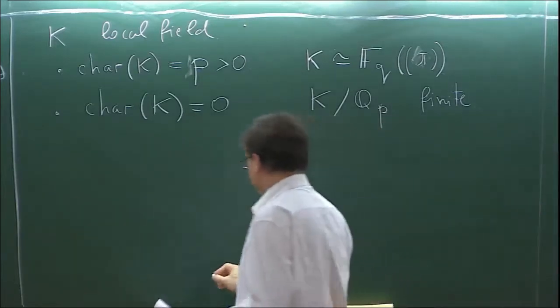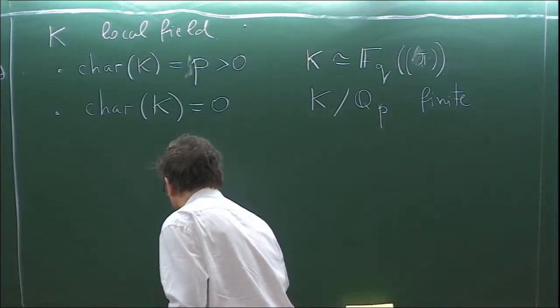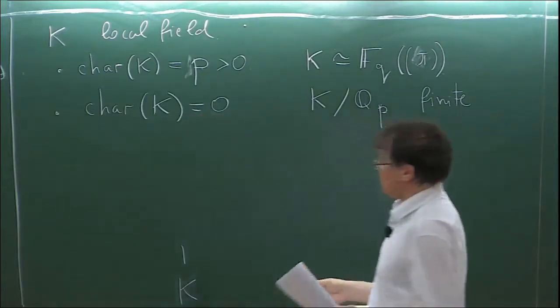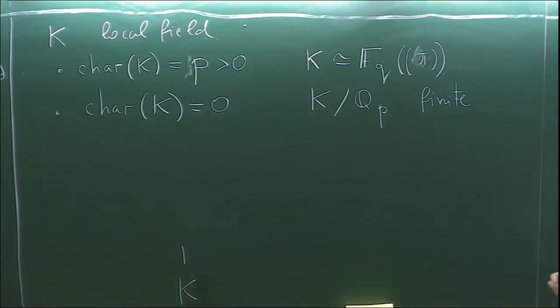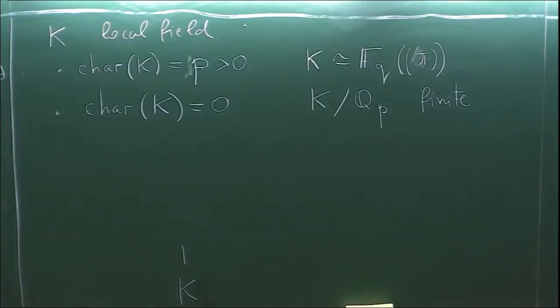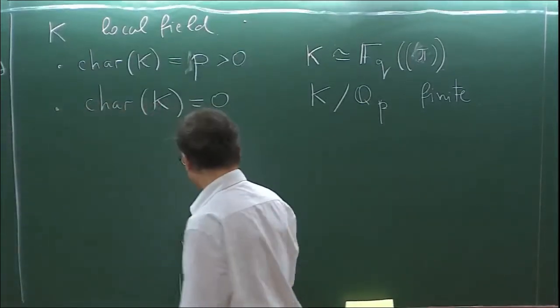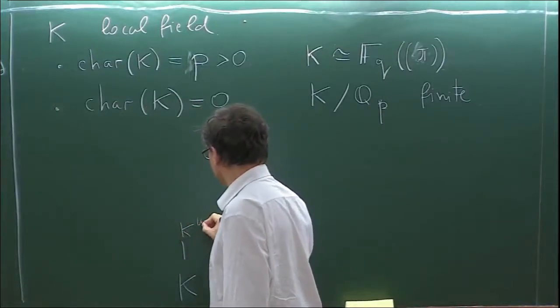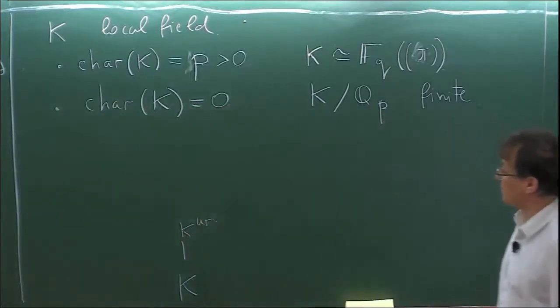So in both cases, we have the following tower of extensions. If we want to approach the algebraic closure or separable closure of K, we can start by taking its maximal unramified extension.